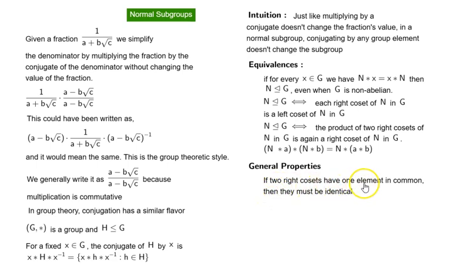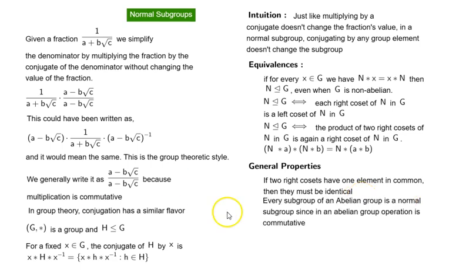If two right cosets have one element in common, then they must be identical. That means if one element is common, then the others also have to be common.